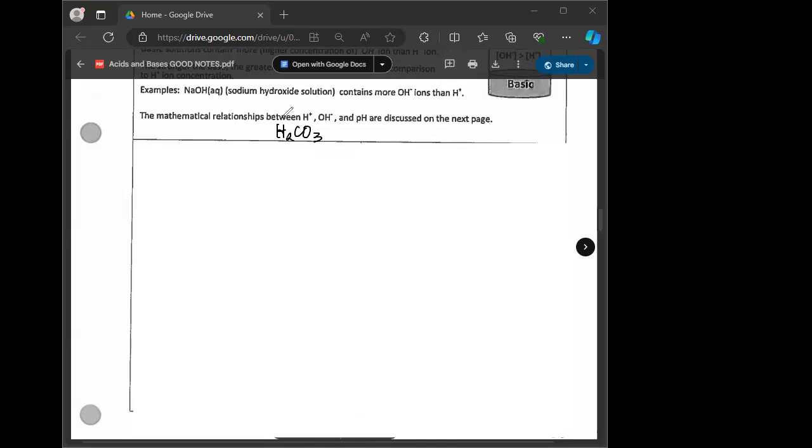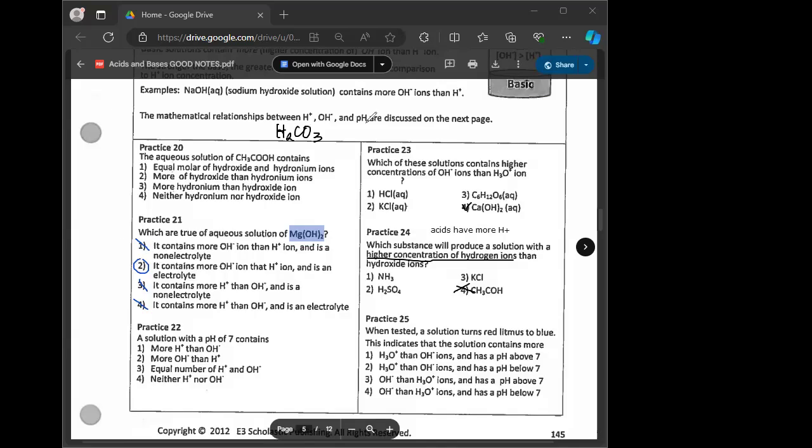By the H. Basically, acids always start with an H. They have to start with an H. So because this starts with an H, that's how I know that it's an acid. So that's how we know if it's an acid or a base, by looking at it.